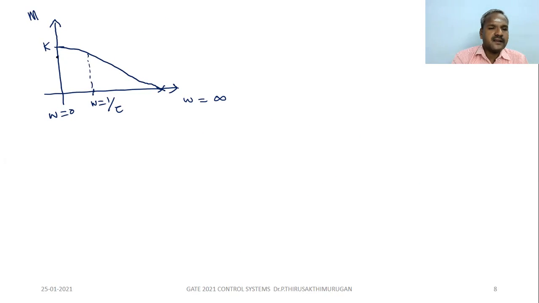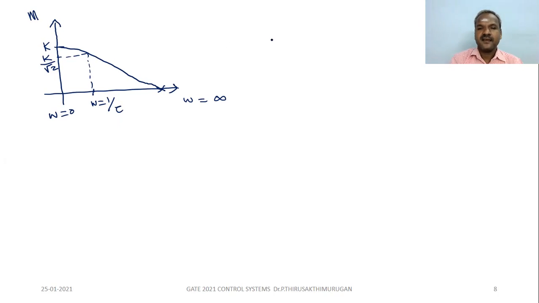So this value is K by root 2. What is K by root 2? When the frequency is 1 by tau, the magnitude is K by root 2. So this is the magnitude plot of the frequency response, magnitude versus frequency.